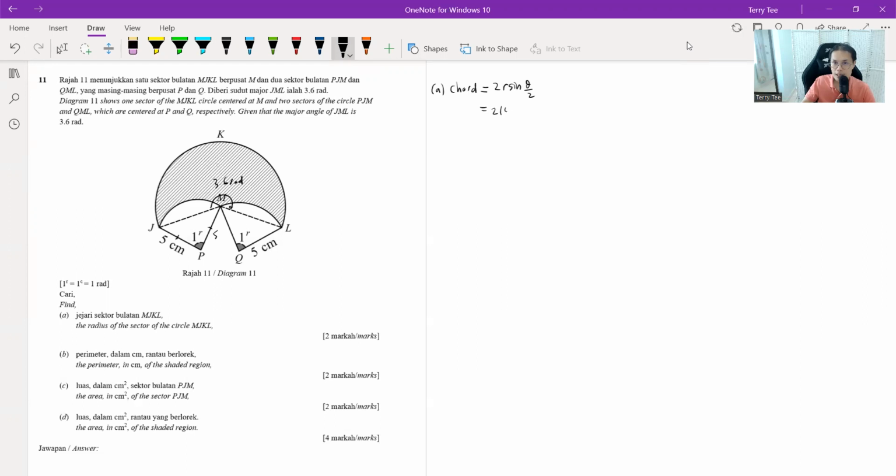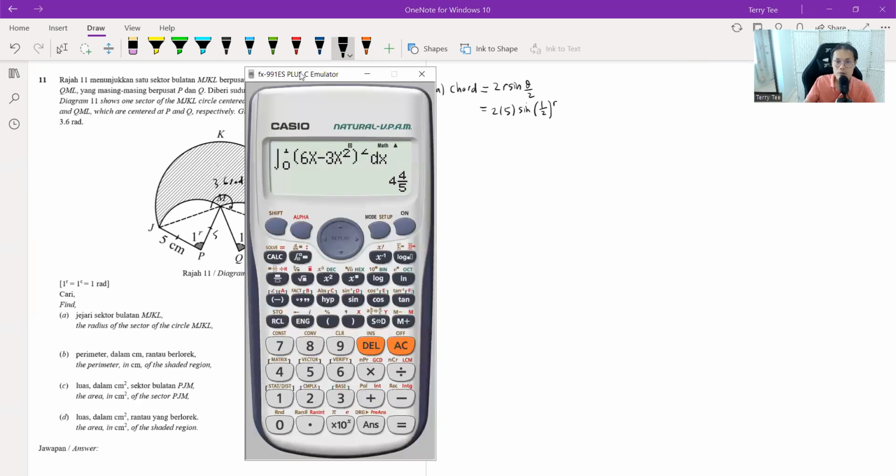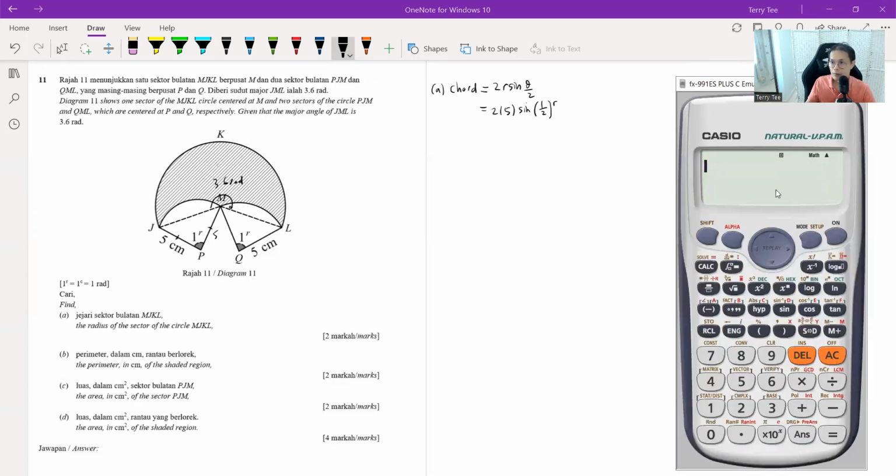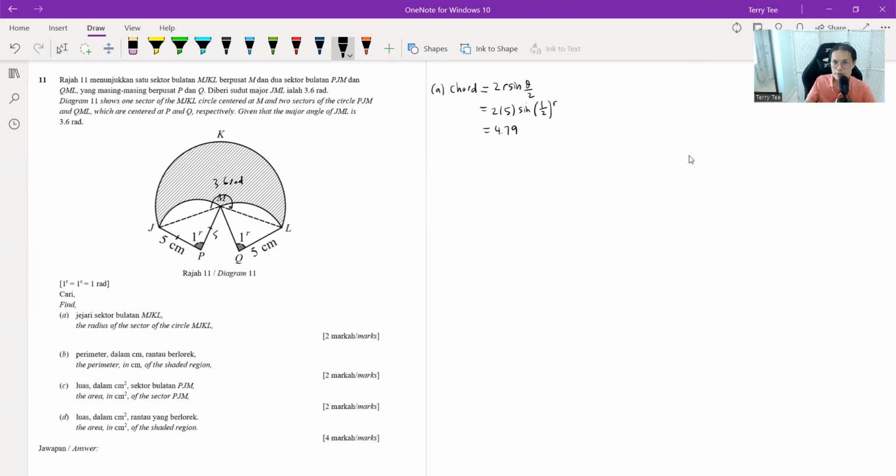My radius is 5, my theta is 1, so it's 1 over 2, or 0.5. This is in radian, sine 0.5 radian, so make sure you change your calculator to radian mode. Shift mode, number 4 for radian. So 2 times 5 is 10, sine 0.5. There you go, 4.794. Always give your answer correct to 4 significant figures.